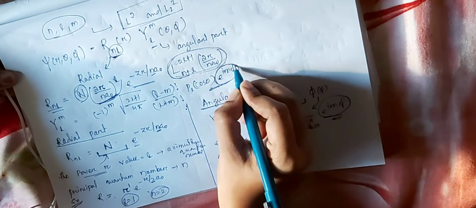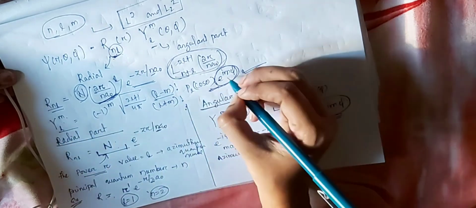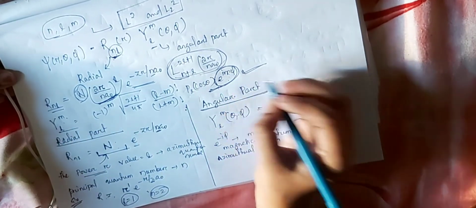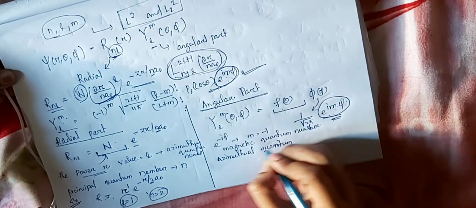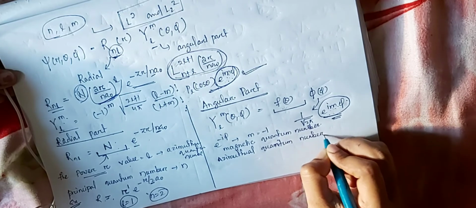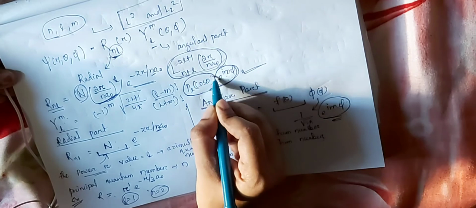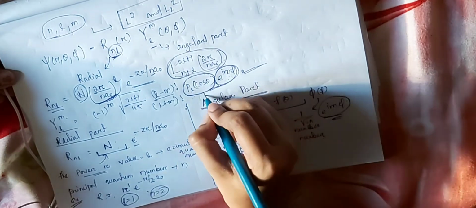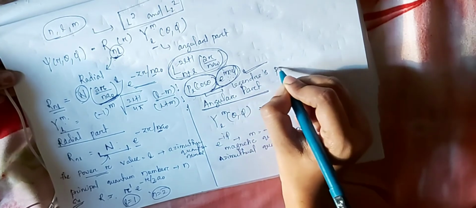So from this e to the power i m phi, this is the total equation, the whole equation of Y l m, I can determine the value of m. And for the value of the azimuthal quantum number I have to check this part. Okay, P l cos theta. This P l cos theta is nothing but my Legendre's polynomial, right? This is my Legendre's polynomial.